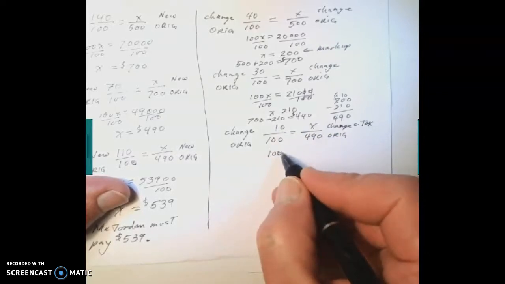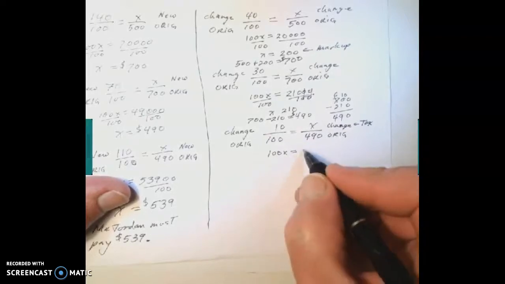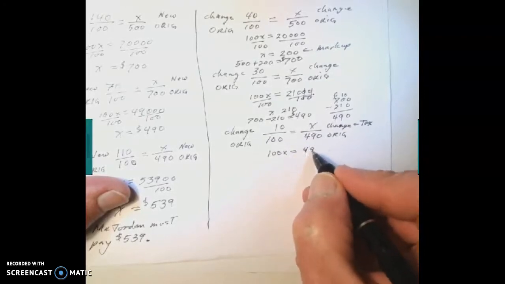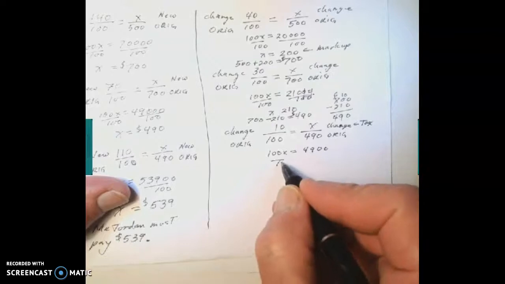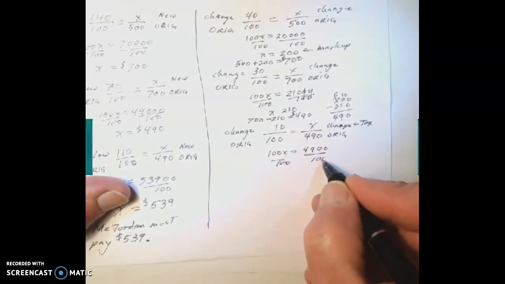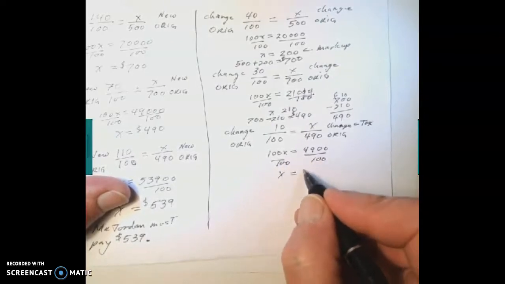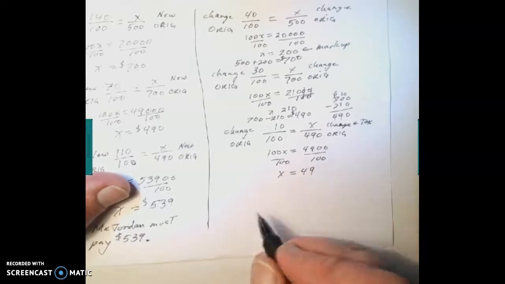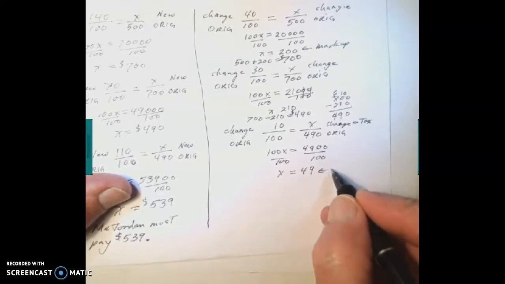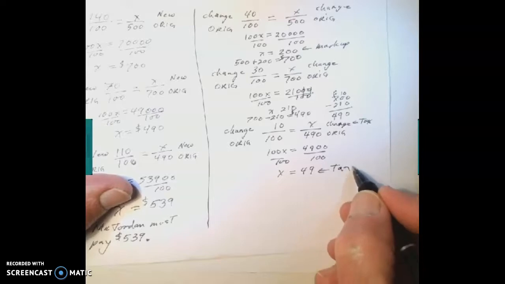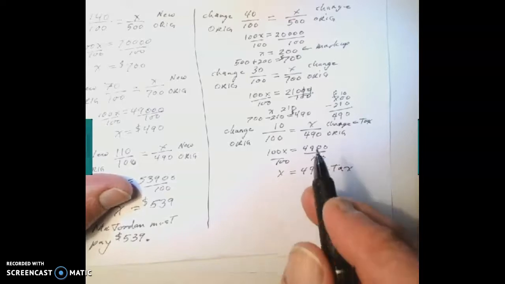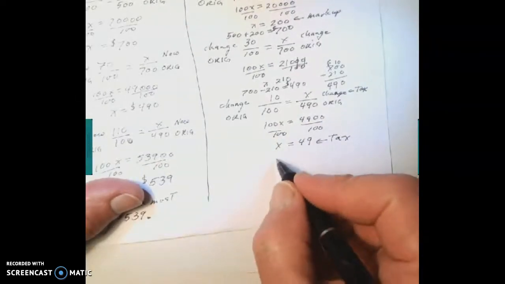You get 100x equals 10 times 490 is 4900. Divide by 100 and you get that your x is equal to 49. Again, that is the tax that needs to be added on to the 490.